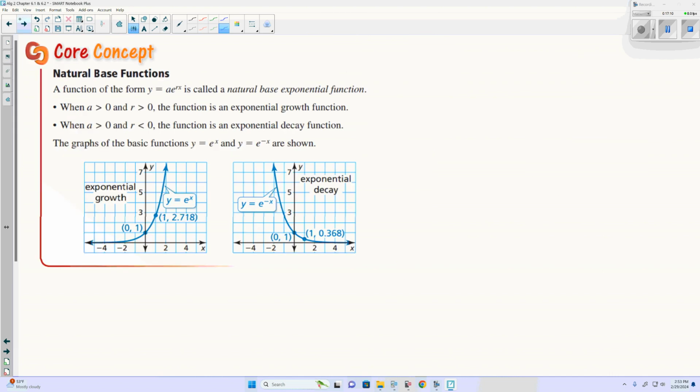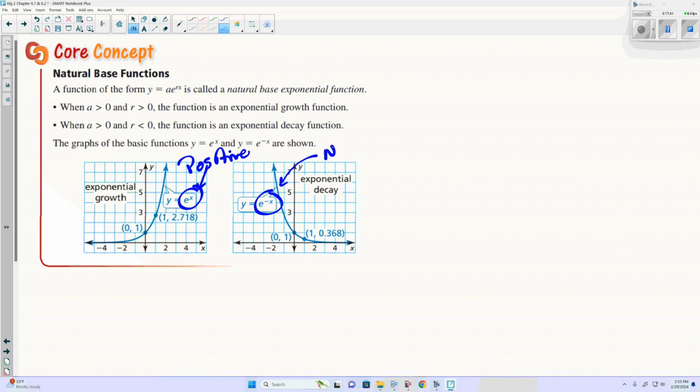Last thing we want to look at is exponential growth and decay when the base is e. Now, when the base is e, we have e to the x. We're not so much looking at that value, we're looking at the exponent. Because if the exponent attached to e is positive, it's growth.